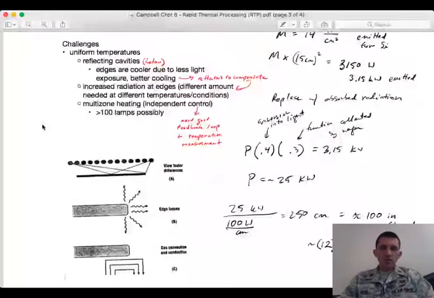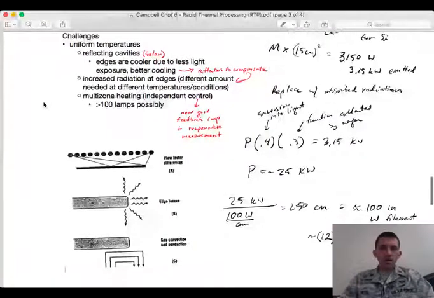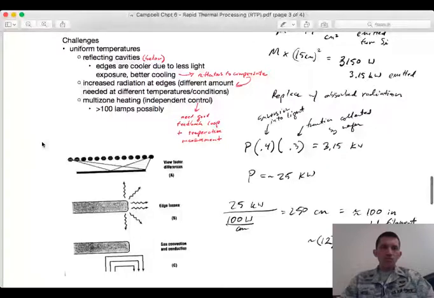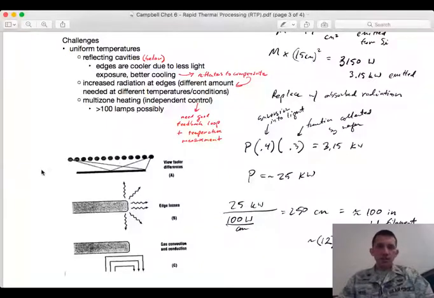You want to get the temperature uniform across the whole surface, and you can improve the uniformity of the temperature by how you arrange your lamps and any reflecting cavities that you put them in.